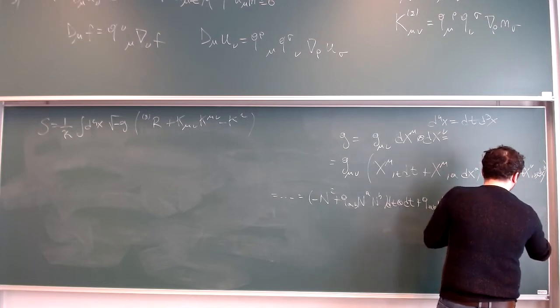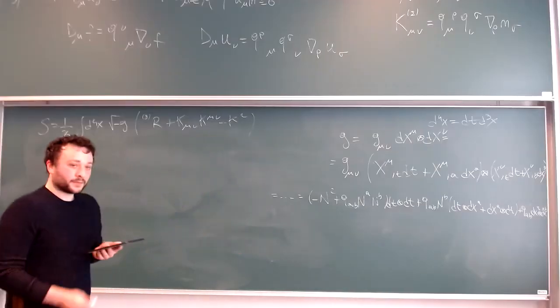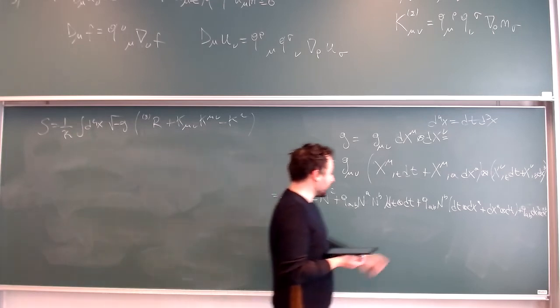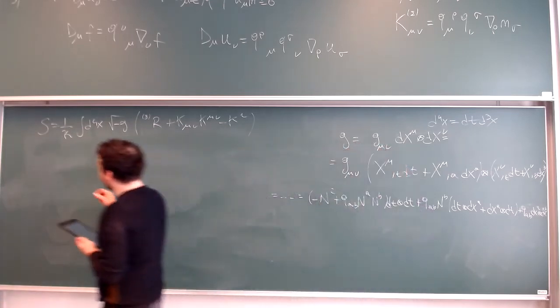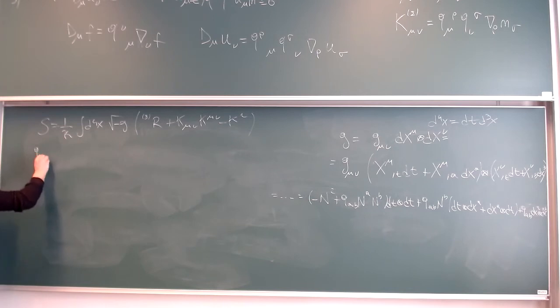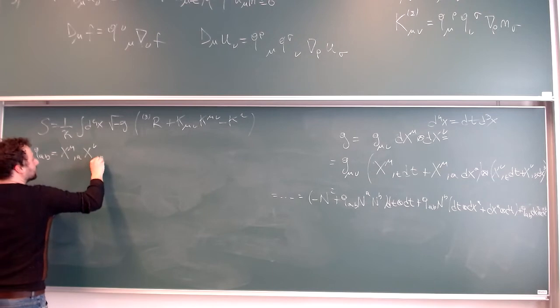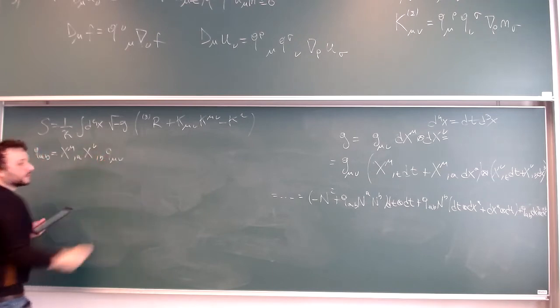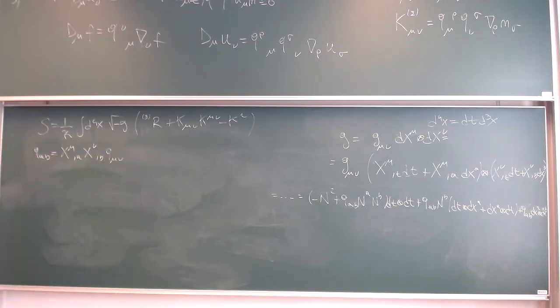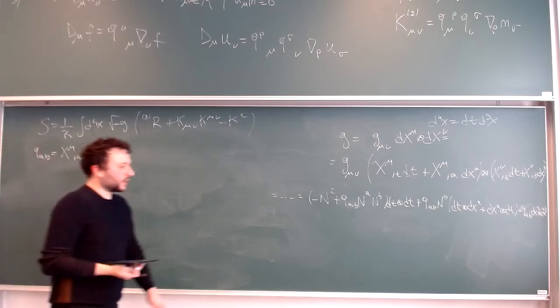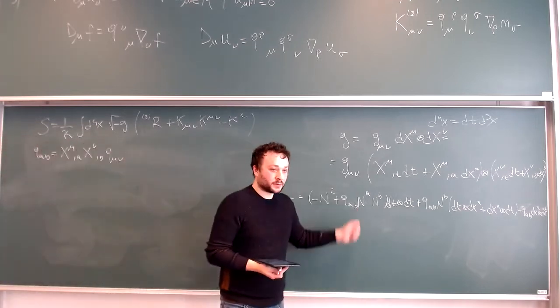Can you see? Yes, it's fine. So where q_ab is what? q_ab is just the metric.